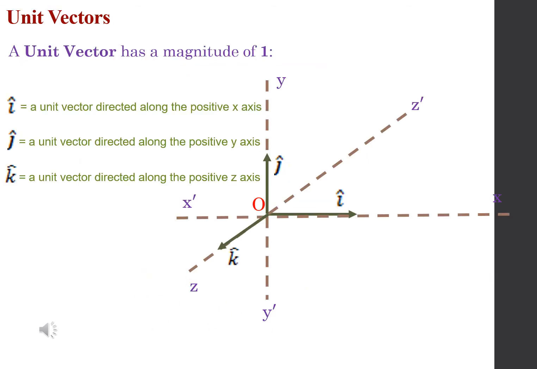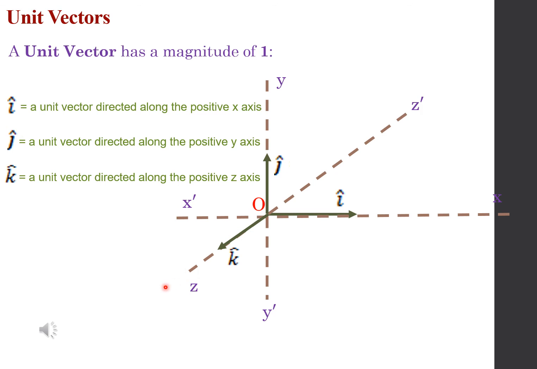In this Cartesian coordinate system, unit vectors are represented by i cap, j cap, and k cap along the x, y, and z axes respectively. These unit vectors show the direction along the axis. i cap is a unit vector directed along the positive x-axis. j cap is a unit vector directed along the positive y-axis. k cap is a unit vector directed along the positive z-axis.